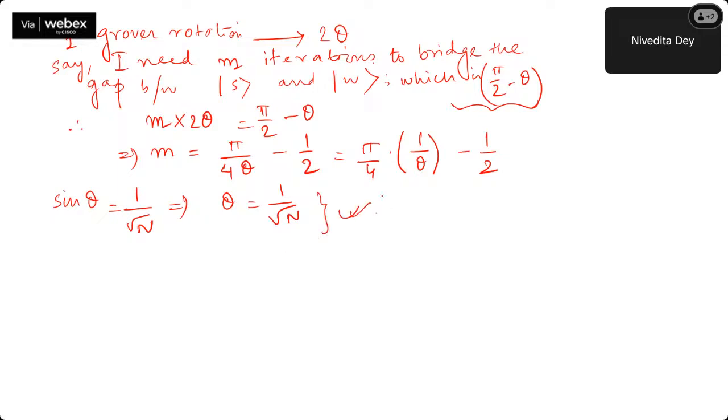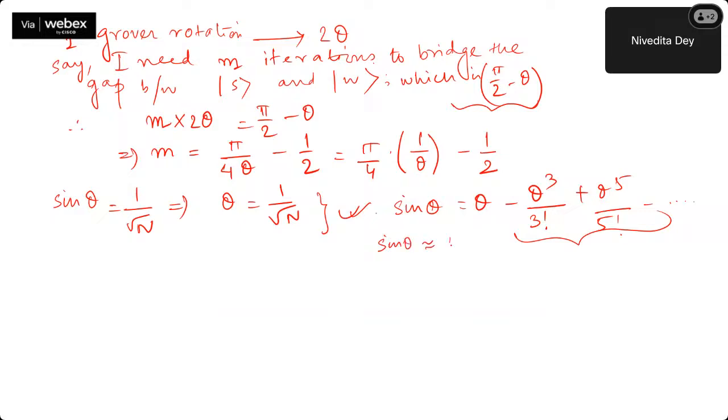When theta is very small, the series expansion of sine theta is theta minus theta cubed by 3 factorial plus theta to the power 5 by 5 factorial and so on. Ignoring the higher order terms, if theta is very small, sine theta behaves like theta.